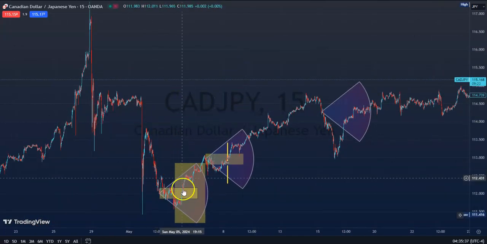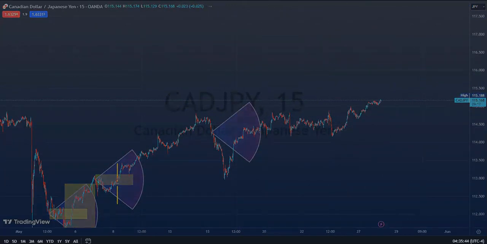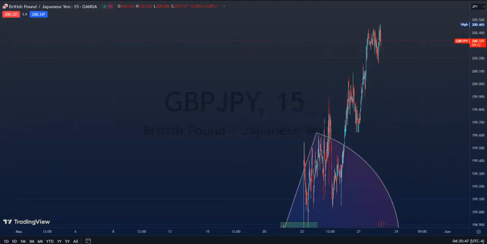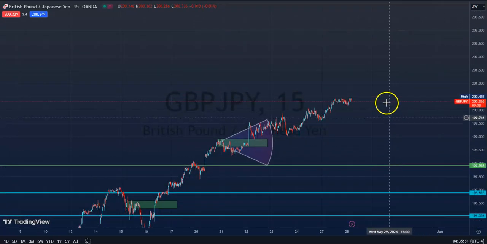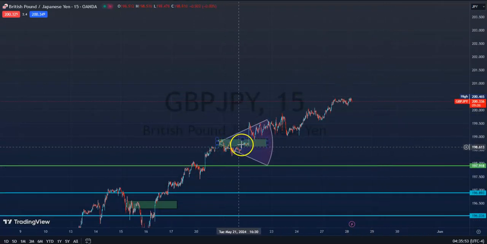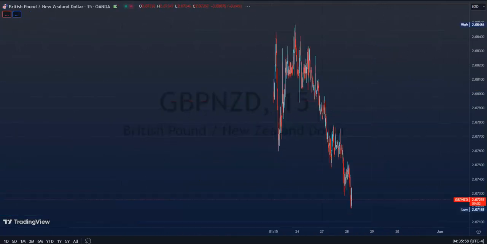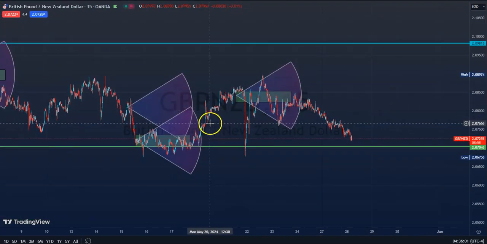I don't really use it anymore, but it'd be great to get back into Euro AUD, some of the ones. GBP JPY is something else, man. Fast. Crossed a few times, and then GBP NZD has larger spreads.